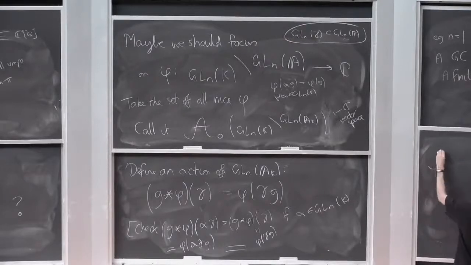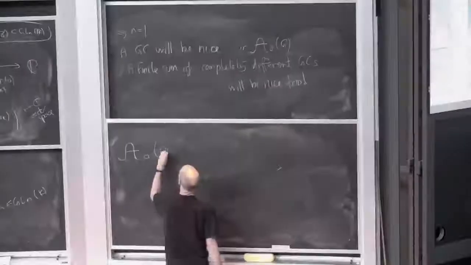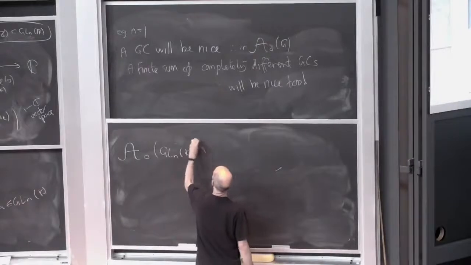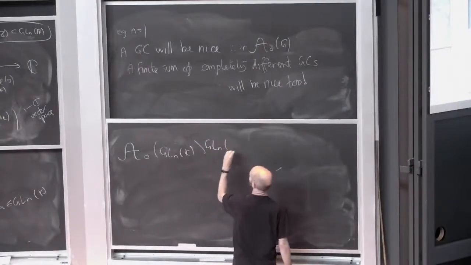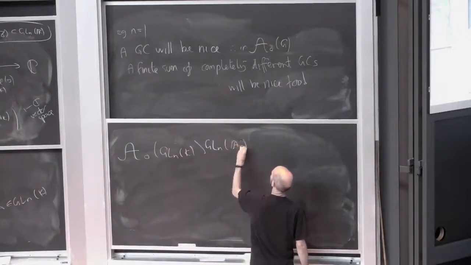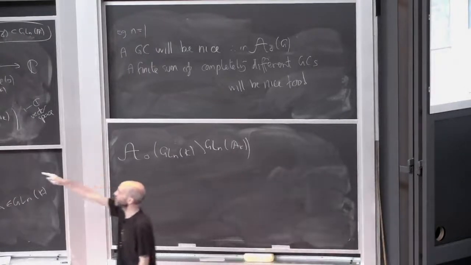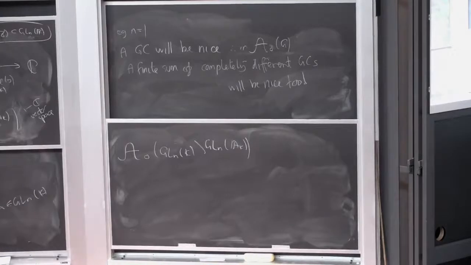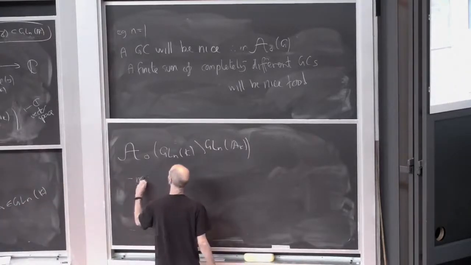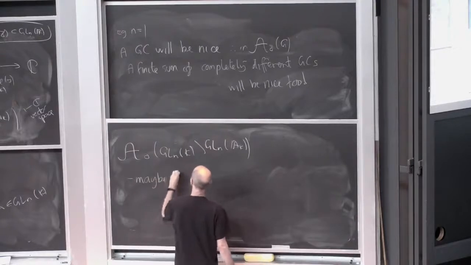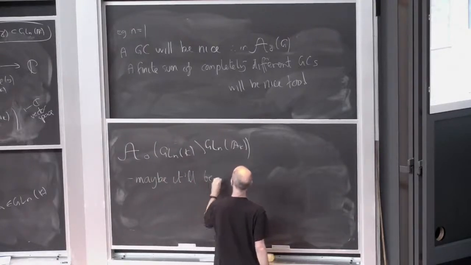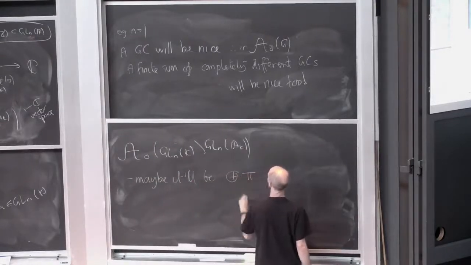So this A0 of GLN of K over GLN of OK, GLN of AK, is not going to be irreducible. It's going to be huge, right? Just like C of H over G was just some random collection of representations. But maybe it'll be a direct sum of pi's, right?